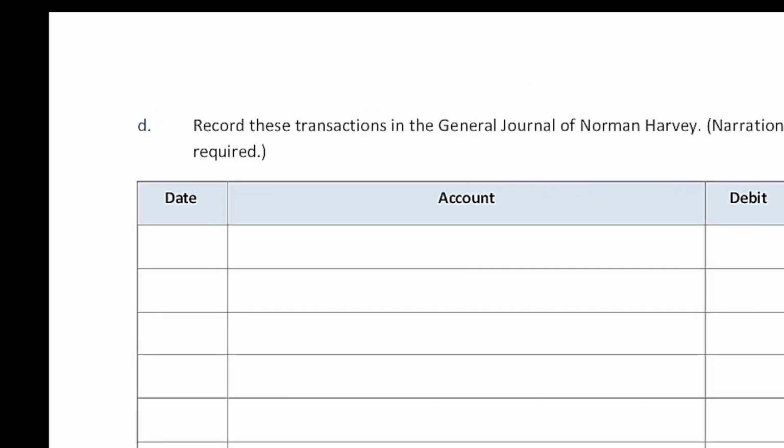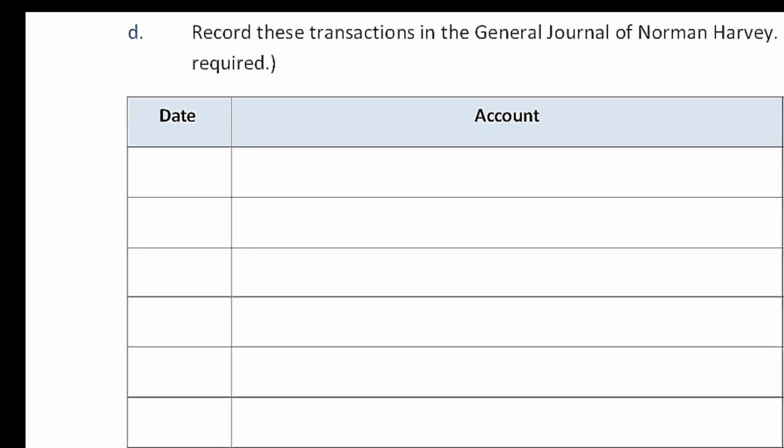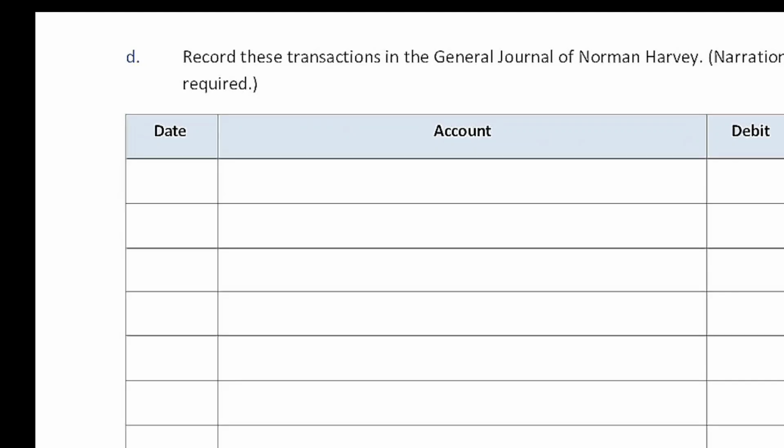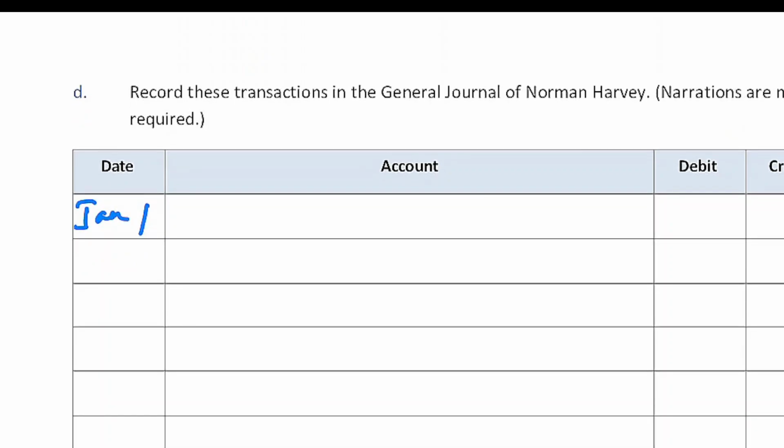This one, narration is not required. If they don't need the narration, you don't have to worry about it. Why? If they have said not required, don't write it. You don't get marks. You are wasting your time. And the date is January 1st. Yeah, January 1st. Inventory 1400.